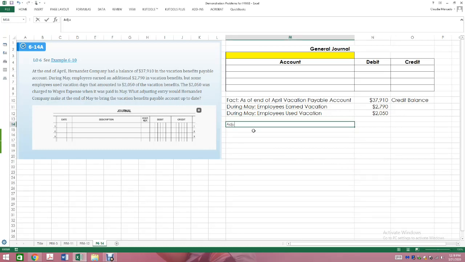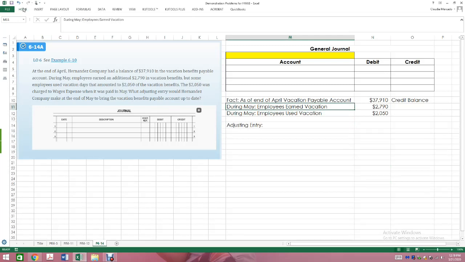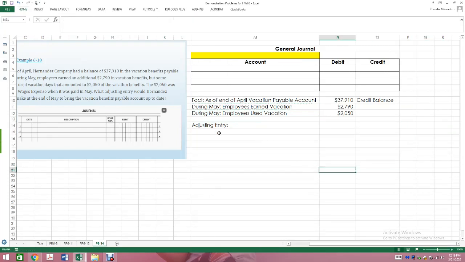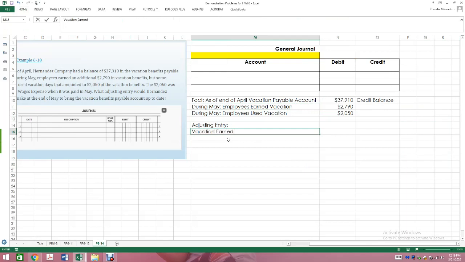So the adjusting entry, let me make these bigger. The adjusting entry would be the vacation earned of $2,790 less the vacation used of $2,050.